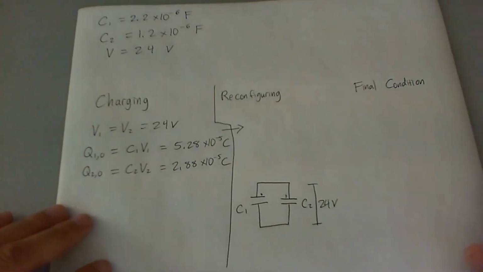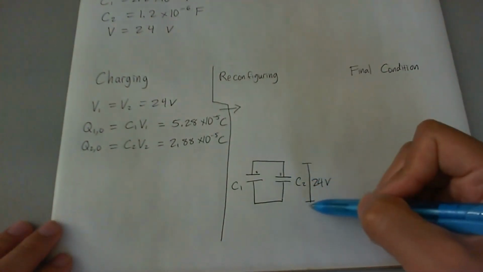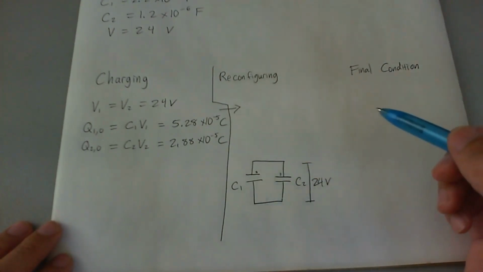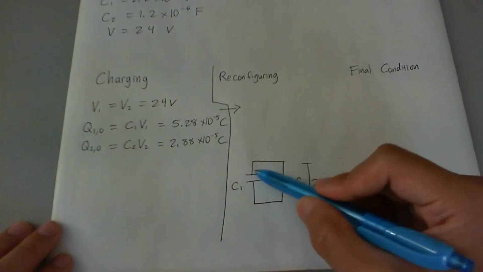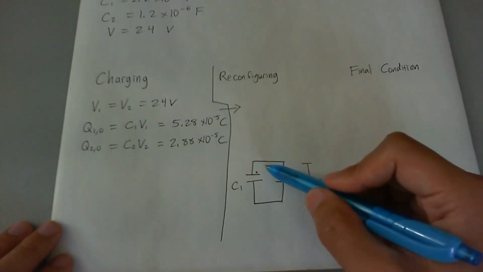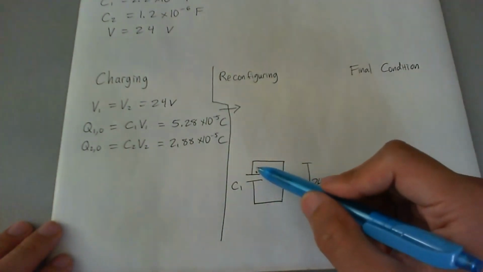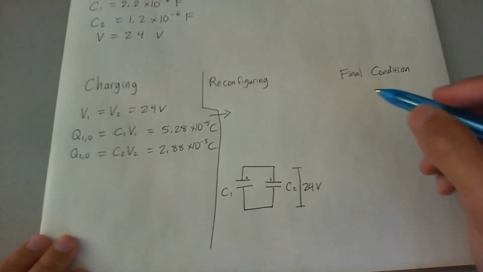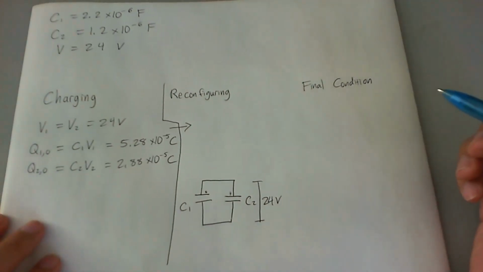First thing you want to do is get a universal voltage across these two capacitors, because like I said before, the charges will distribute, they'll be different. So there's no universal quantity except the voltage across them after the initial redistribution happens. So we can get that by looking now into the final condition.